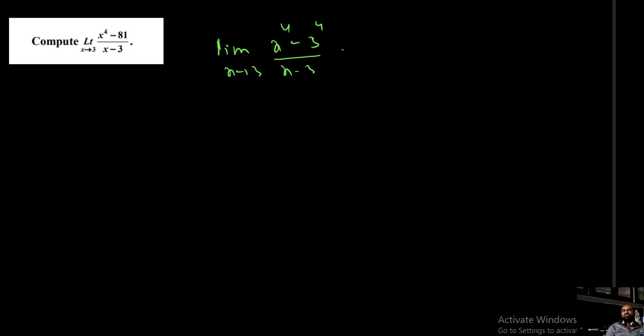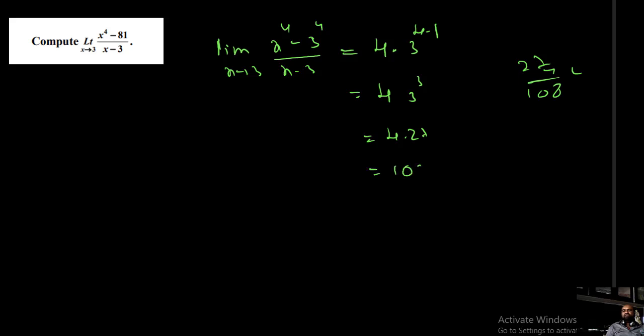So directly I can say 4 into 3 power 4 minus 1, that is 4 into 3 power 3, that is 4 into 27, 108. The function is tending to 108.